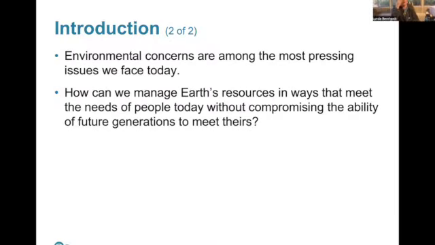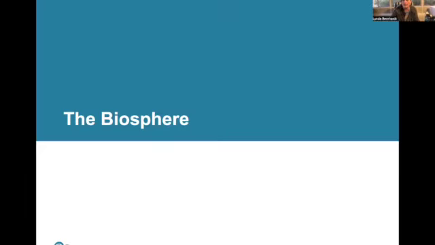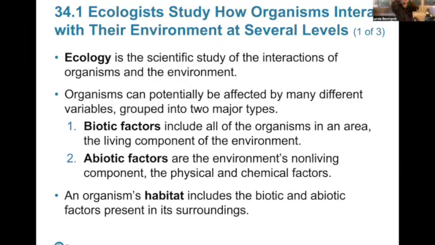So we are still going to talk about our environment and concerns and whatnot. First, we're going to start with the biosphere, the whole sucker. Ecology. Ecology is the scientific study of the interactions of organisms and the environment. So it's how all of it gets along. We have biotic factors and abiotic factors. Biotic factors are living components, bio for life.